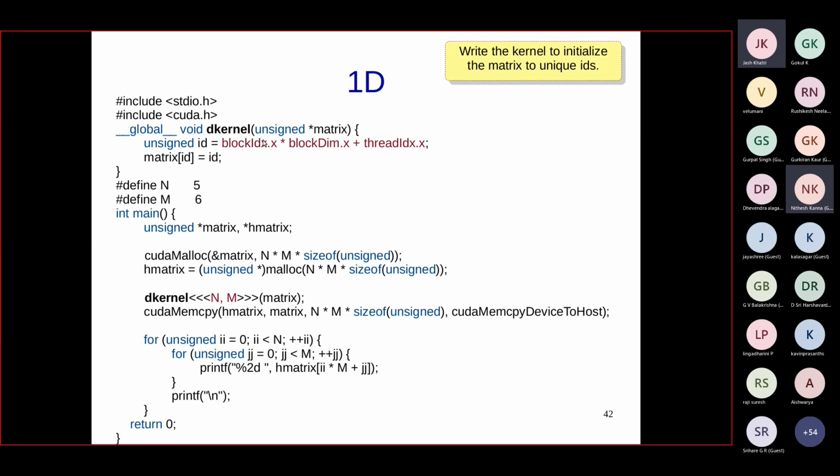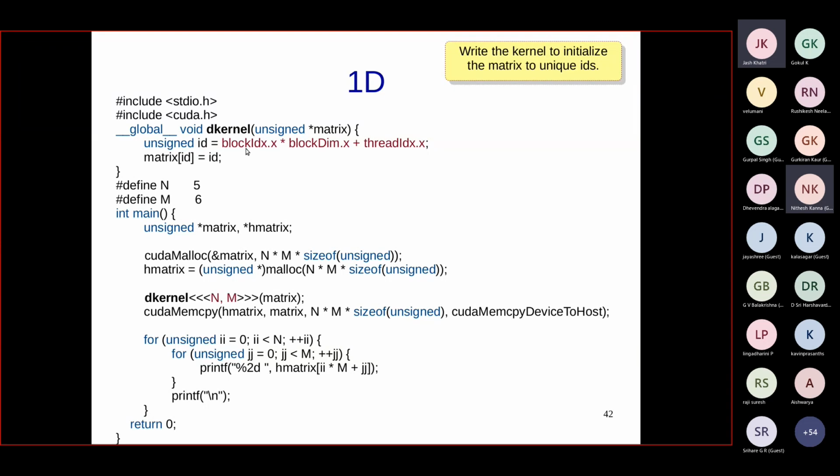Again, for each block, the thread ID will go from 0 to 5 because there are 6 threads in the block, and blockIdx.x will go from 0 to 4, and blockDim.x will be a fixed number, which is 6.